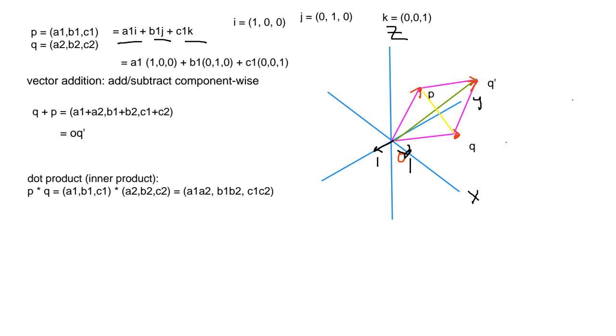A1 multiplied by a vector is called scalar multiplication because A1 is a real number and 1, 0, 0 is a vector. We can always do that.